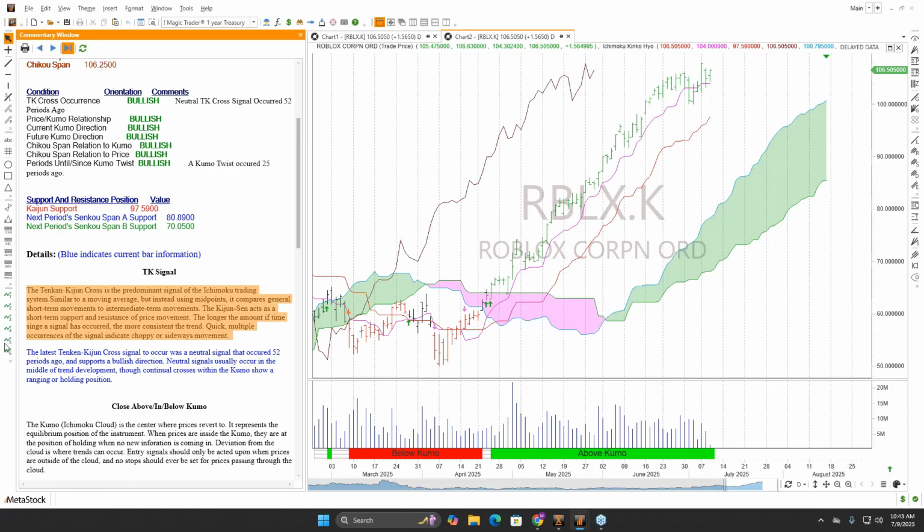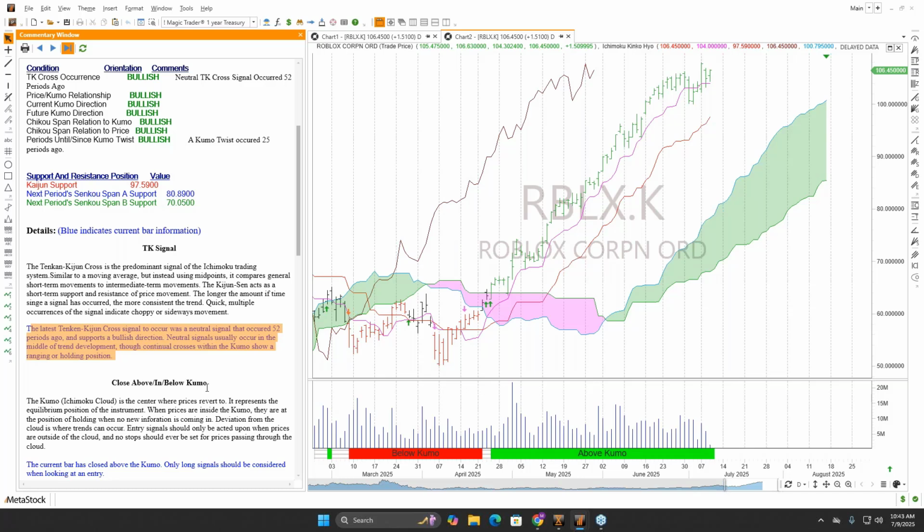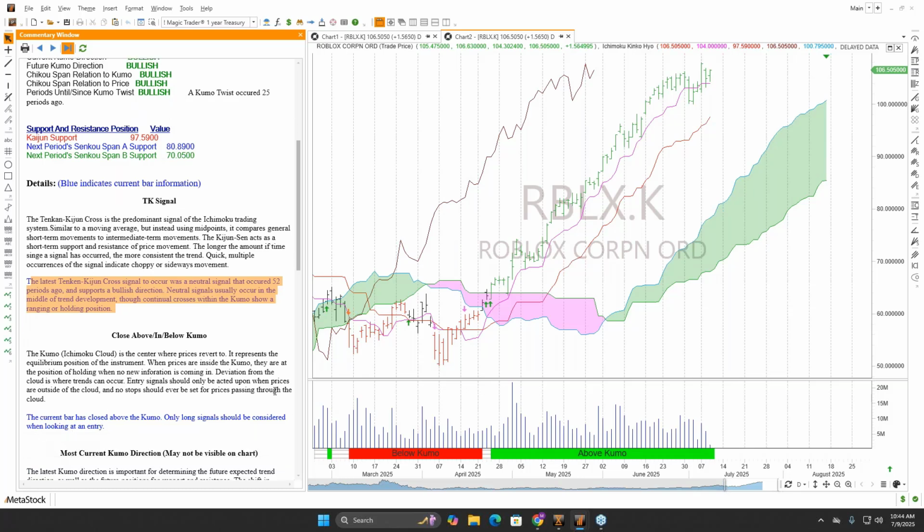And then this blue part says it's bullish, or it was a neutral signal that occurred 52 periods ago and supports a bullish direction. Neutral signals usually occur with a middle trend development, although continual crosses within the Kumo show a ranging or holding position, okay? It'll go back and talk about the close and how its relationship to the Kumo is important. It'll tell you in this case, this bar is above the Kumo, which is bullish.